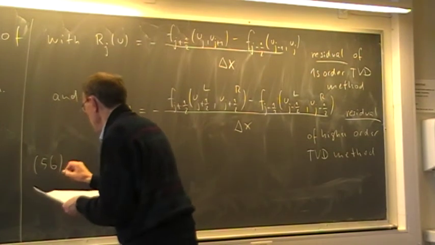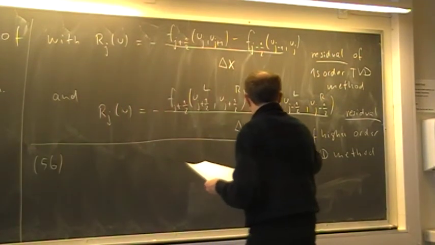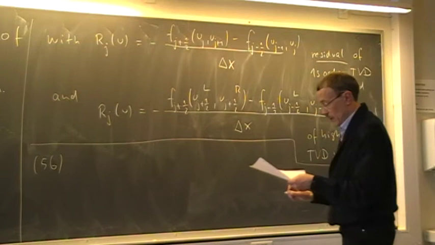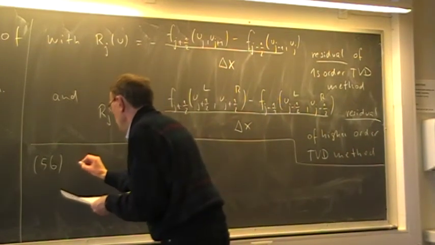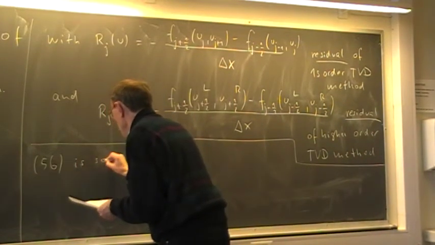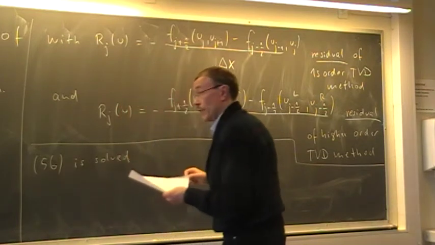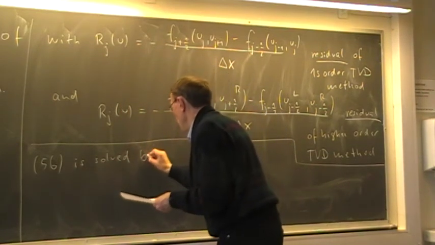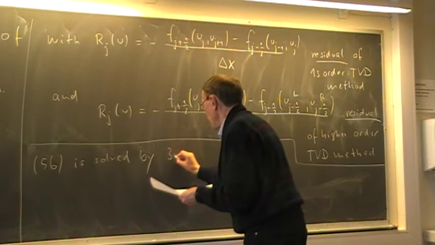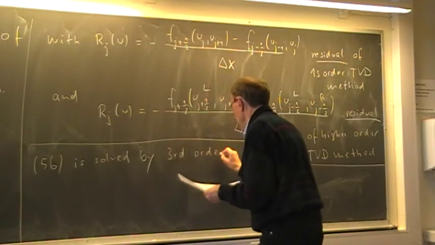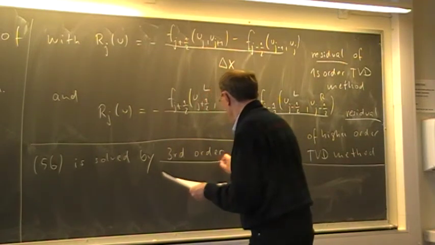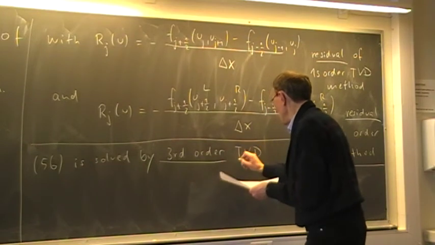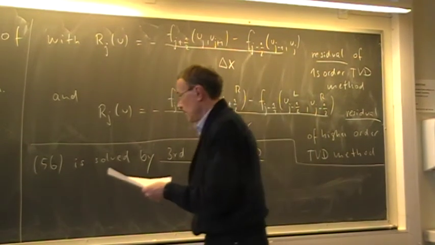So 56, that is the semi-discrete equation, is solved, or it can be solved, you have other choices of course, by the third order TVD, it is in the title, Runge-Kutta method.